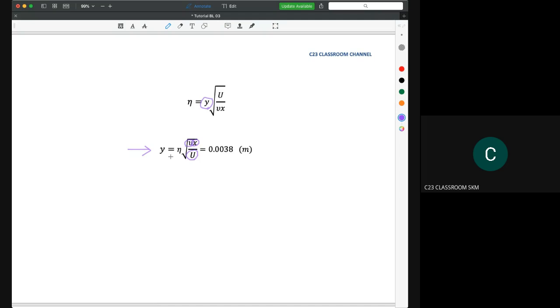So what is the meaning of y here? Let's say we have a boundary layer here. This is the flat plate, and then the boundary layer can be imagined like this. The y location is the location on the y axis. So we have 0.0038, maybe it stays here.